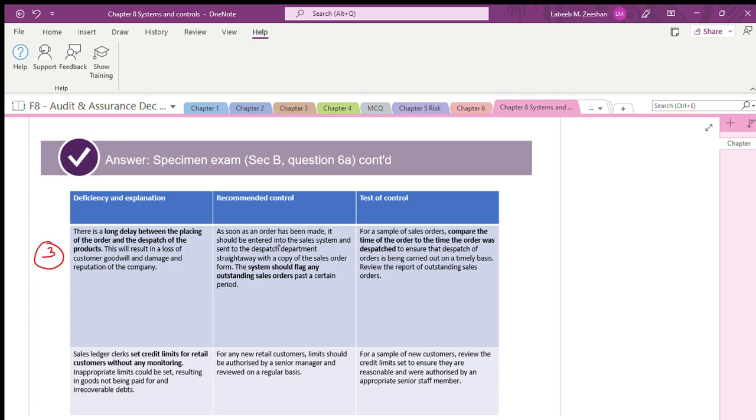The third one: there is a long delay between placing the order and dispatching the products. You have to mention that whenever the company is accepting the order, they have to make sure it is delivered within a maximum of 3 days.